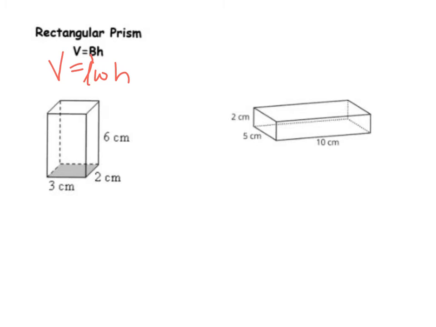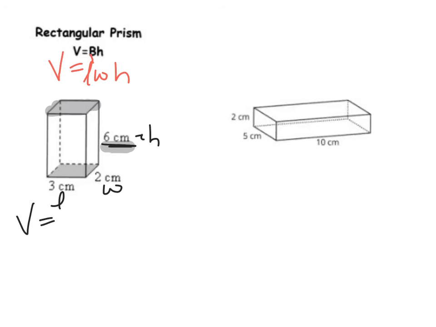Okay, so remember, we could shade in the top two. So that's your two bases. But remember, we only need the area of one base, and then the height is going to be that. So that's your height, and this is your length, and this is your width. So then all we have to do is multiply them.